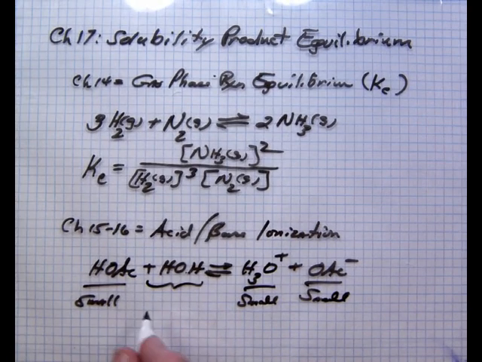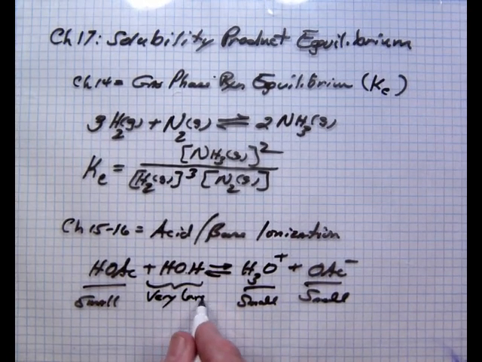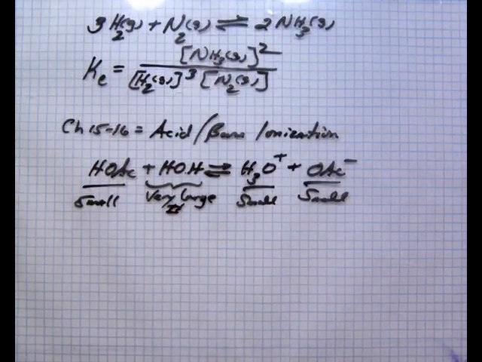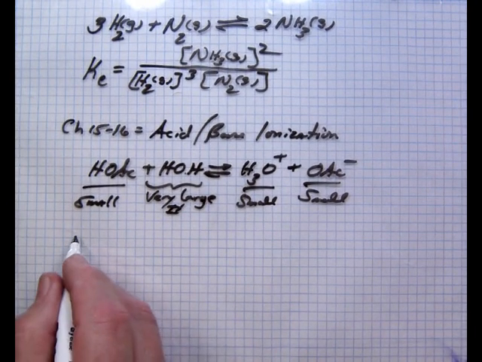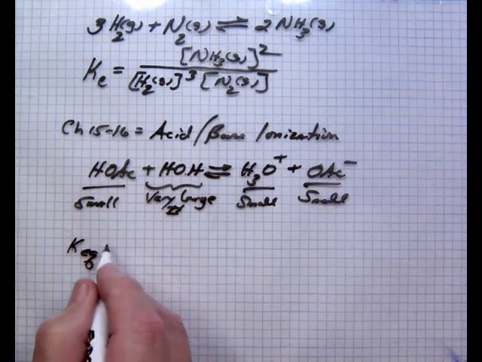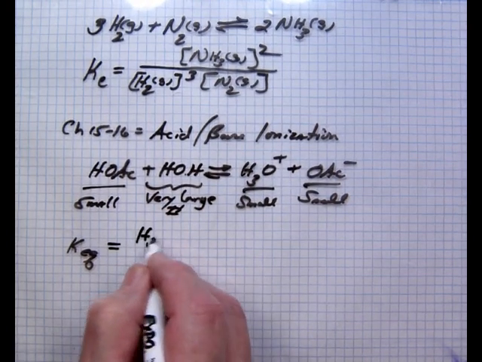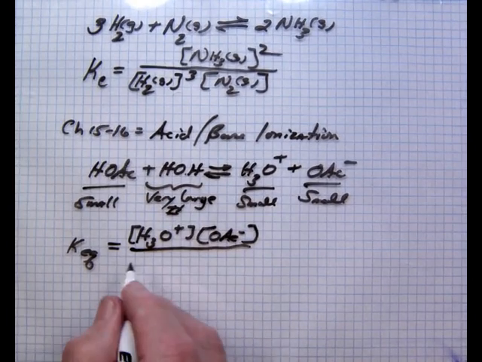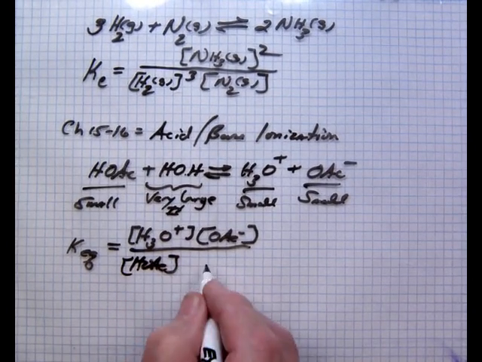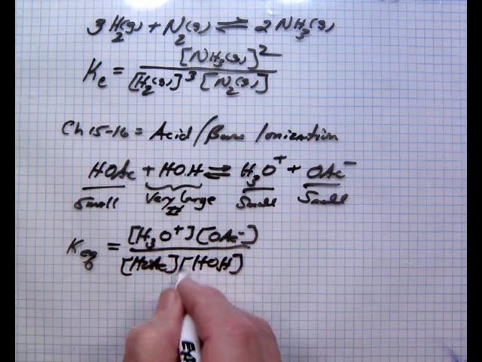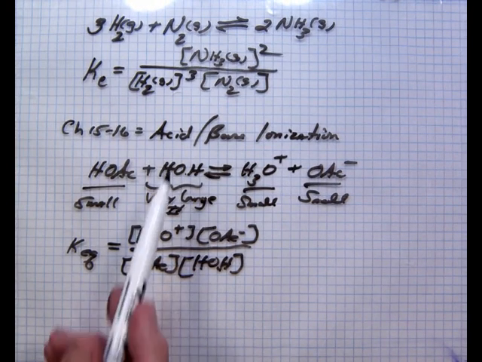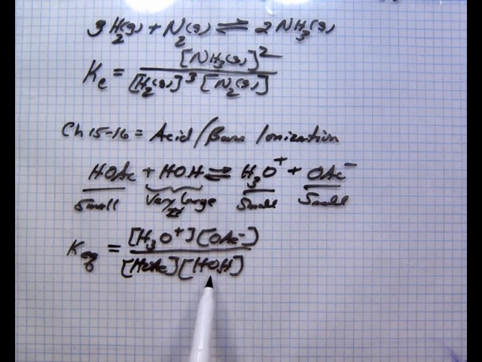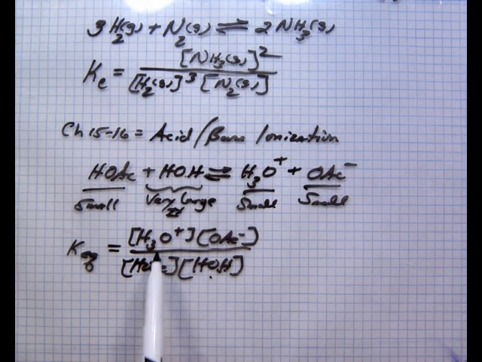Relative to the solvent, a very large number. So what is done in writing the equilibrium expression, I'll write it all out. It would look like that. It would contain the products over the reactants, just like I've been teaching. However, this number is so large compared to what these are.